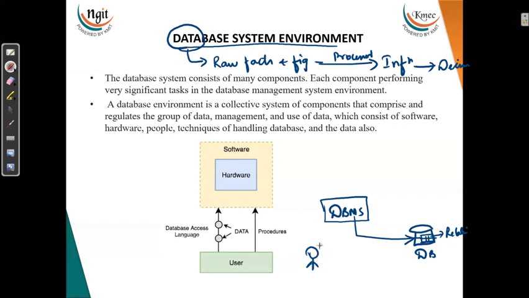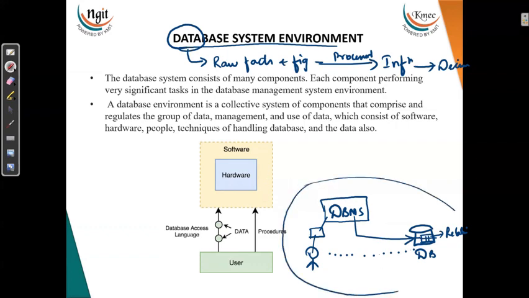So the users will interact through the application, and the application will interact with the database and finally interact with the data. So this is how you will be able to interact with the database. The collection of all these components together is called the database system environment.